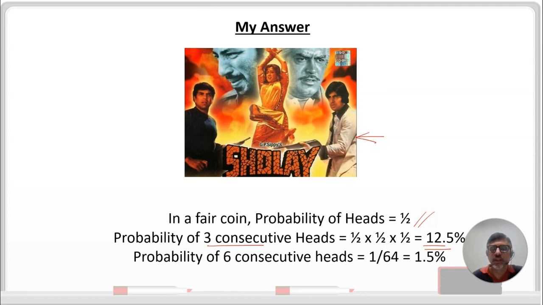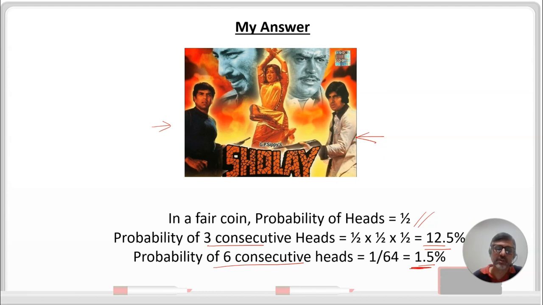However, in the movie, none of the other characters that you see here, Dharmendra or Sanjeev Kumar, whoever, are surprised that Amitabh Bachchan is constantly getting heads, and they just carry on with life as normal and let him have his way. I mean, consider that the probability of 6 consecutive heads is barely 1.5%, right?